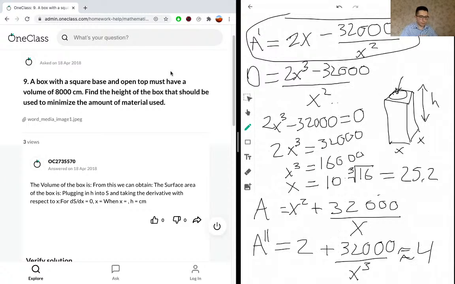Since this is a positive value, we know that the function the area represents is concave up. When the second derivative is positive, that means this is a minimum. So the value x equals 25.2 is a minimum, and we've double checked that.